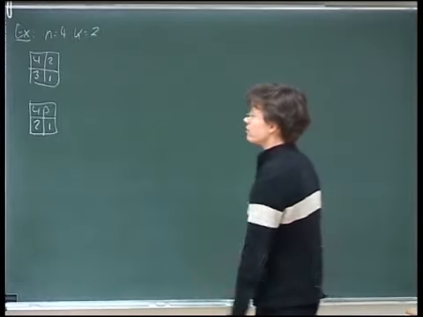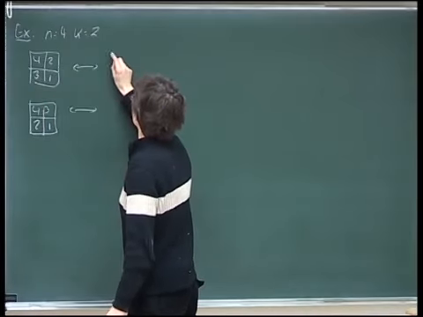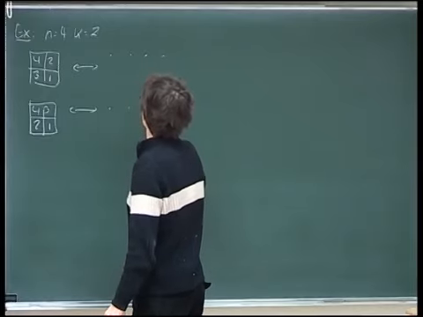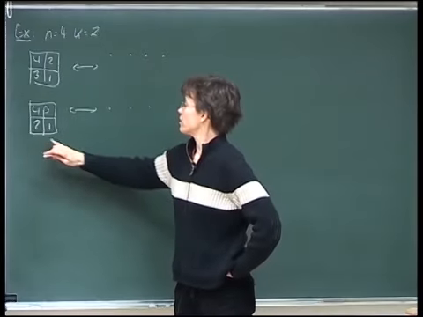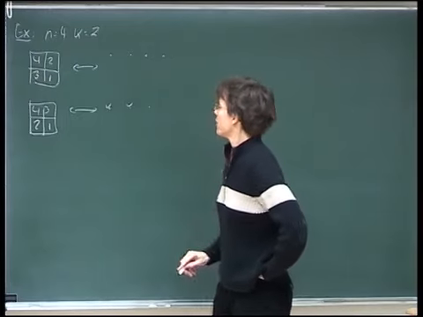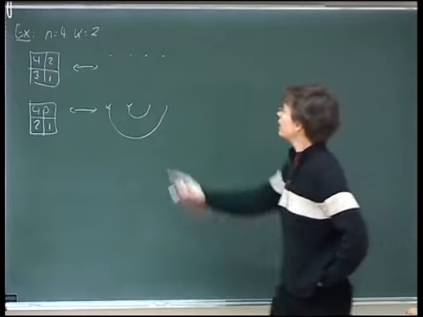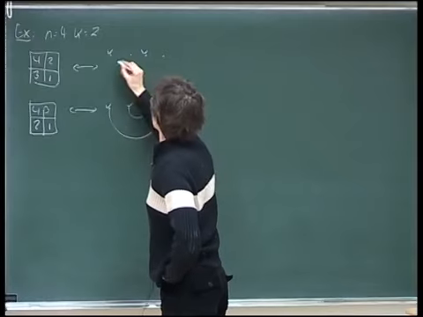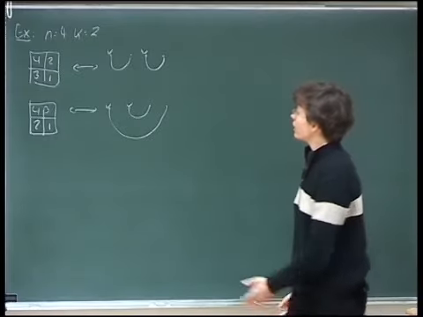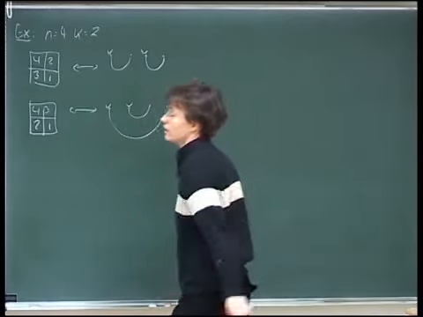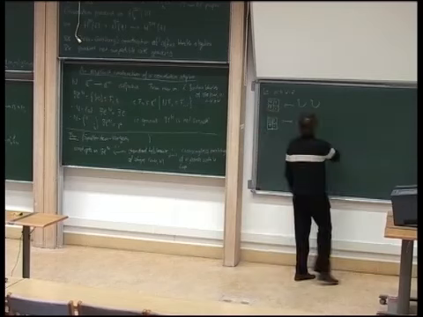And I want to associate to this first a crossingless matching of 4 points. So I have my 4 points. And for the matching, I look at the numbers which are downstairs, this one, and I just connect them to the right with the other ones. And here it's the same thing. They are going down, so I would connect them like this. Okay? And now I have to construct from this picture an irreducible component. I do this by the following construction.